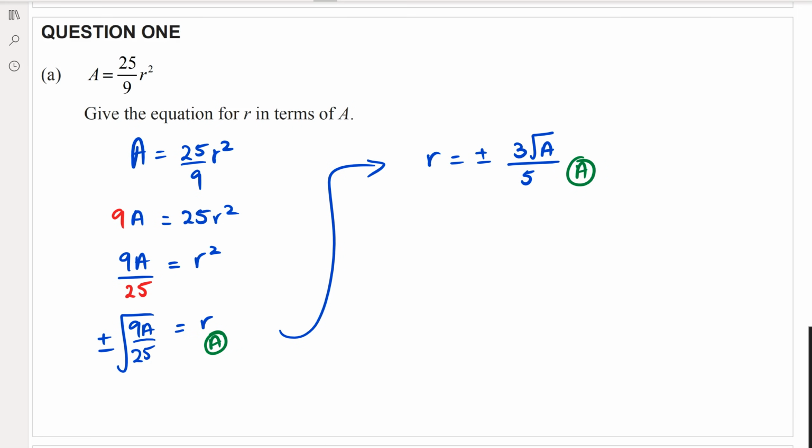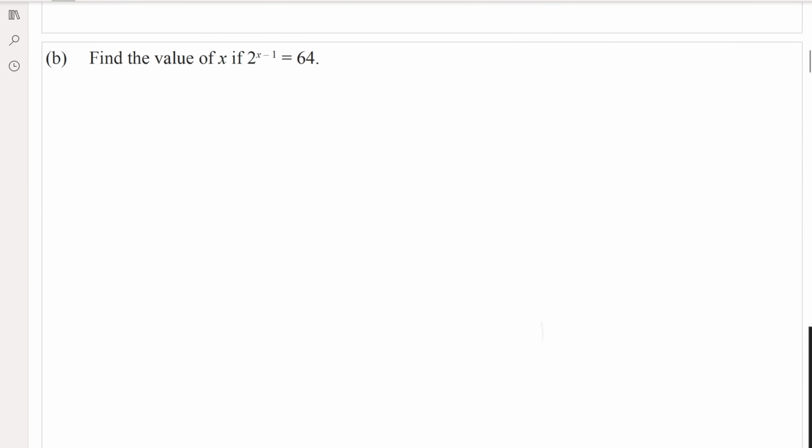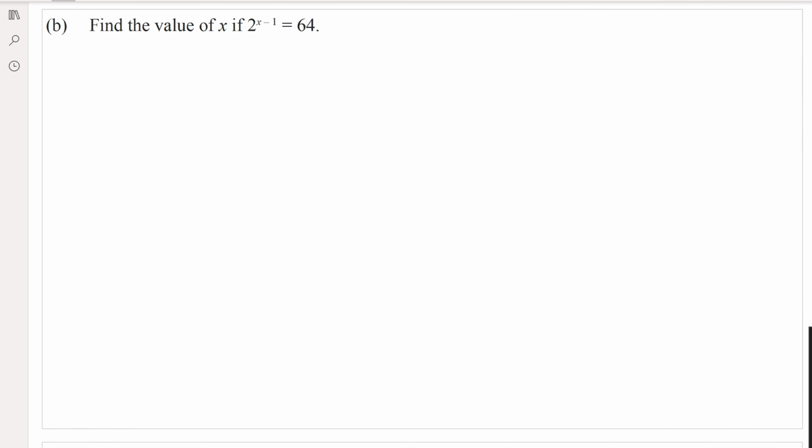All right, let's go to the second question. Question B: find the value of x if 2 to the power of x minus 1 equals 64. Now, I always say this to people: whenever you look at questions with exponents and the base is already given to you, and when I say base, I'm talking about the number 2 here, what I generally like to tell my students to do is write down the powers of 2 so you can start working on it straight away.